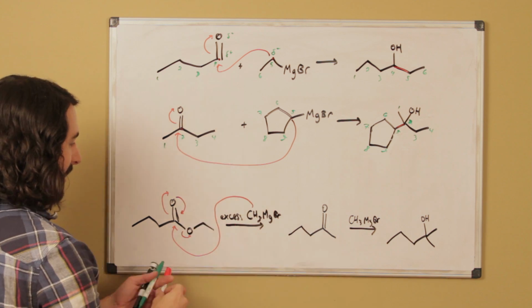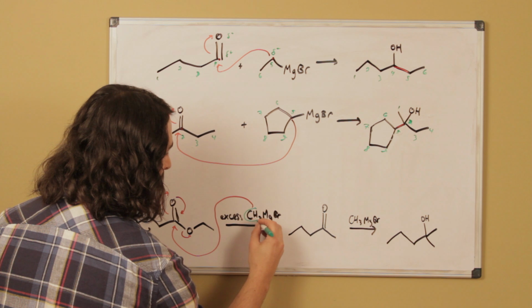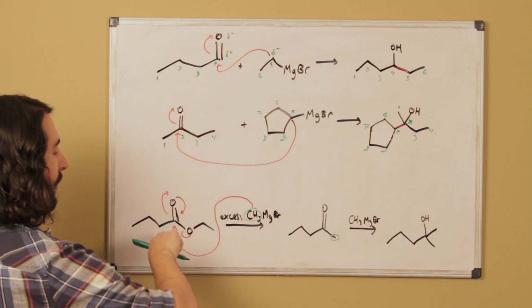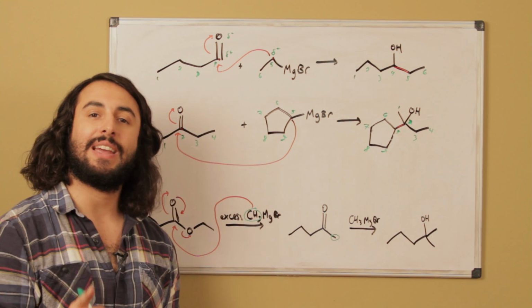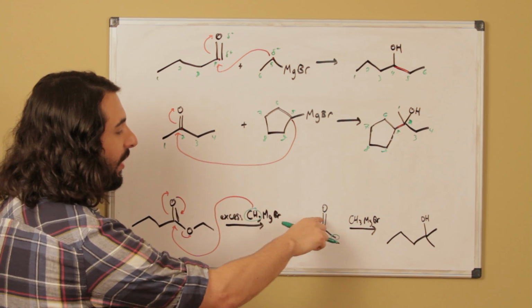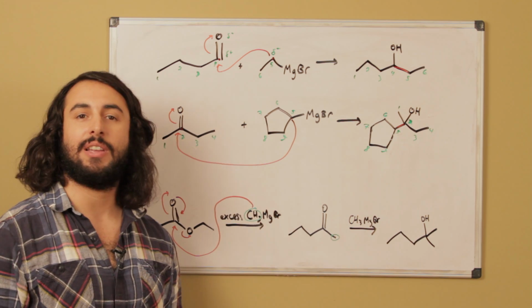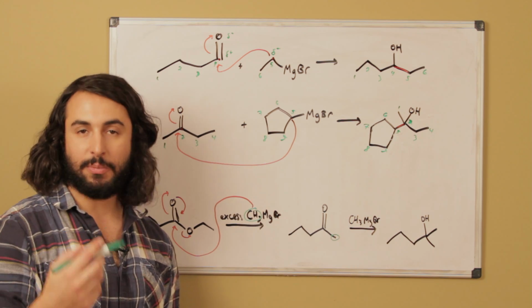So we have added our methyl Grignard reagent right there, that's the new methyl, and we've kicked off that alkoxy. But in kicking off the alkoxy group, we regenerated the carbonyl.